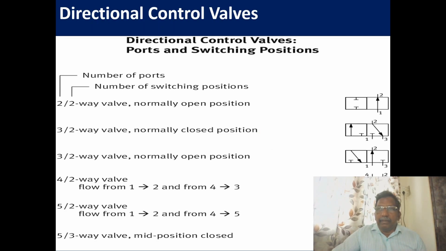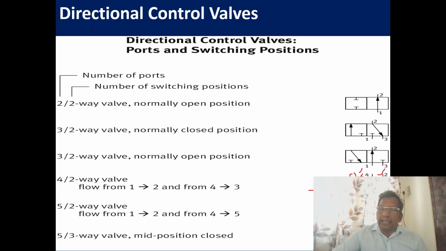We are having four ports. This is port number one, this is port number two, then port number three, then port number four. So four ports we are having. How many positions are we having? This is one position.